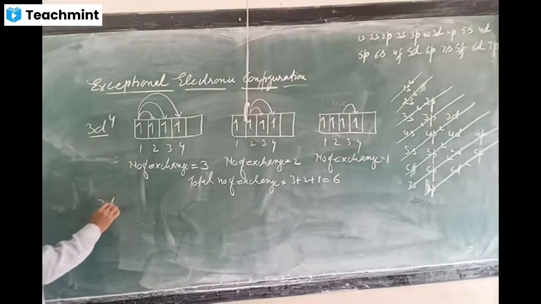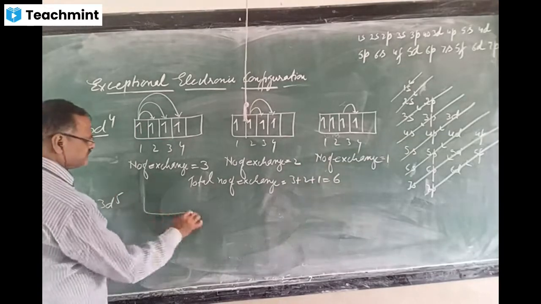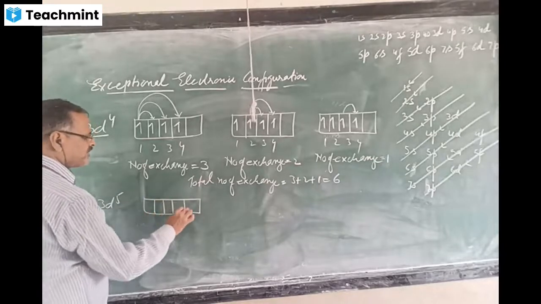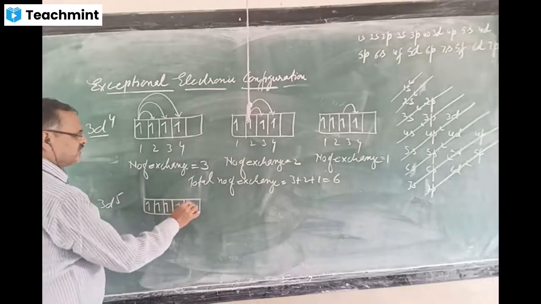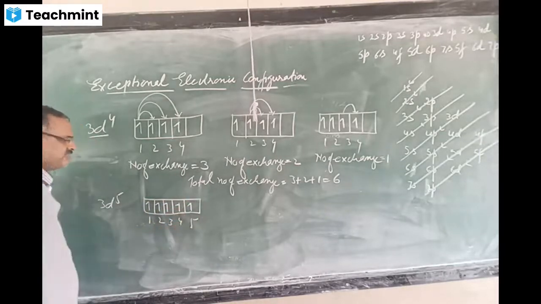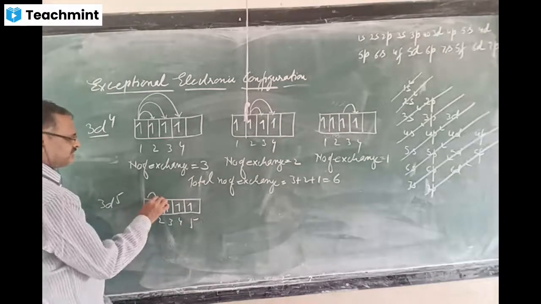Now just see 3d5. 1, 2, 3, 4, 5. So the first electron will be exchanged with the others.